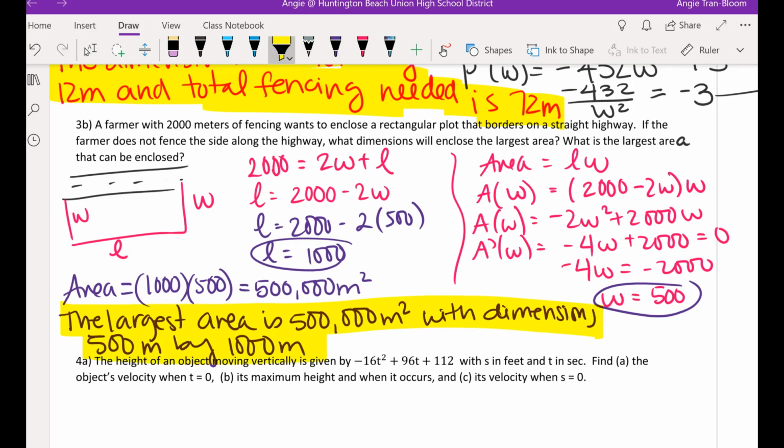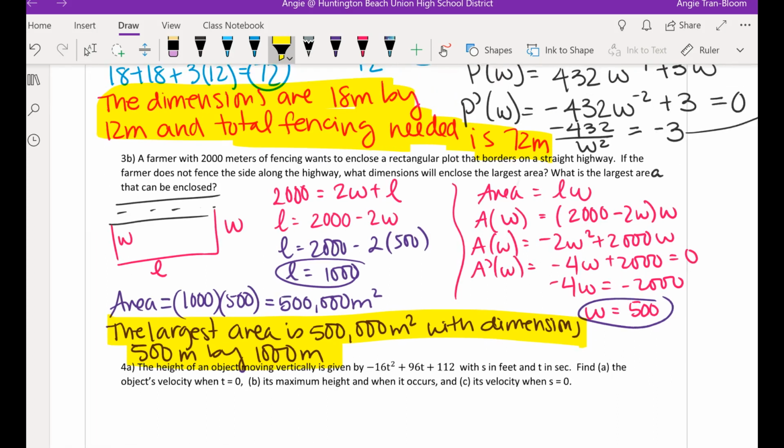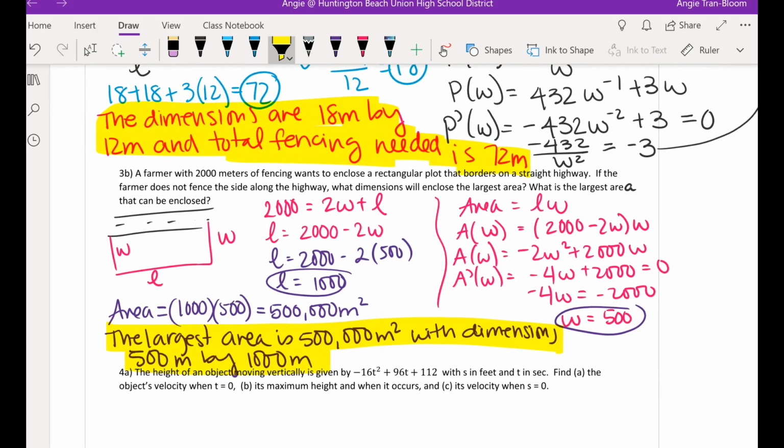Okay, and as you can see, that's how we do example 3A and B. Largest area or the smallest perimeter, min and max. And that's an egg roll for example 3.